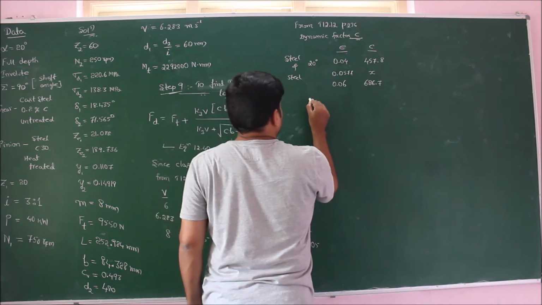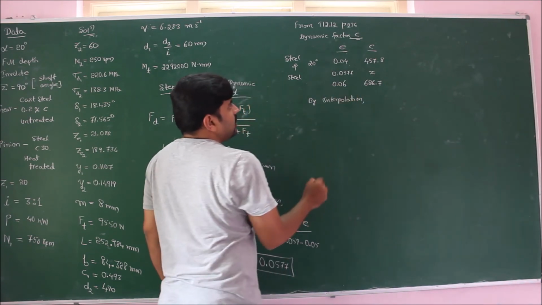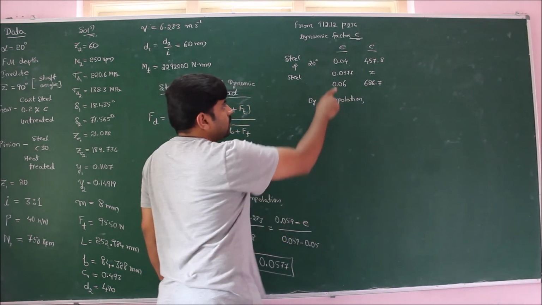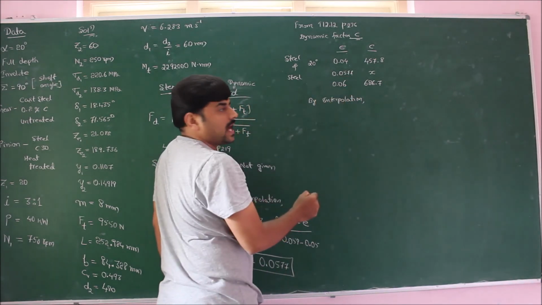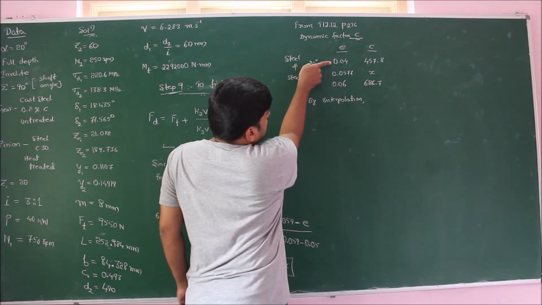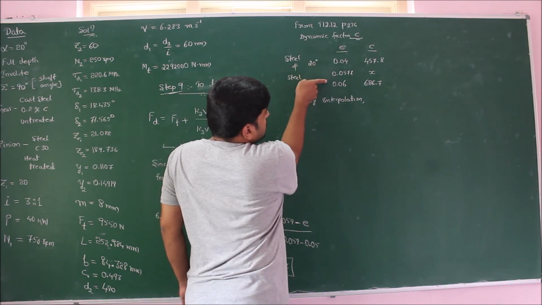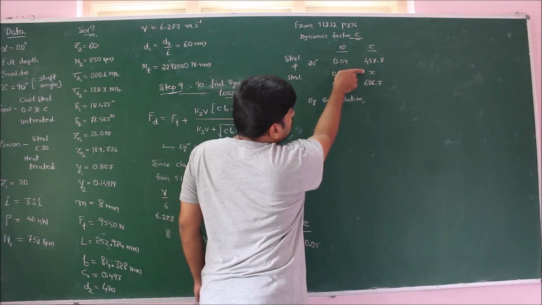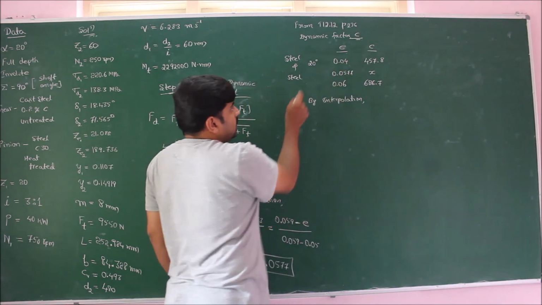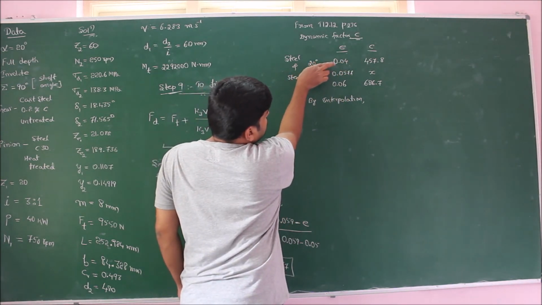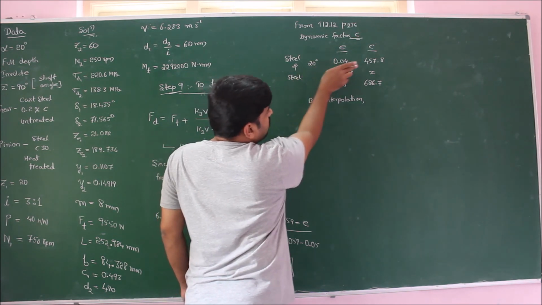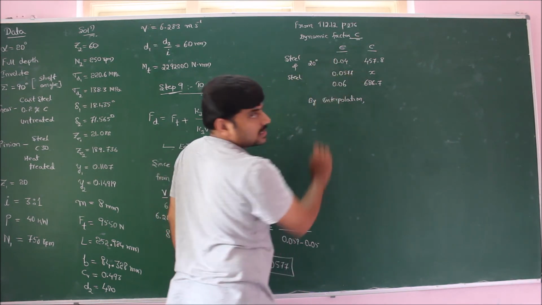Now again, by interpolation, I can find the value of dynamic factor C for the error 0.0577 as, if I take this as A, B, C and treat this as 1, 2, 3, then the interpolation formula will be (A minus B) divided by (A minus C) is equal to (1 minus 2) divided by (1 minus 3).